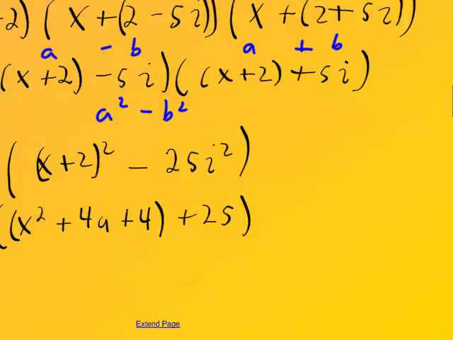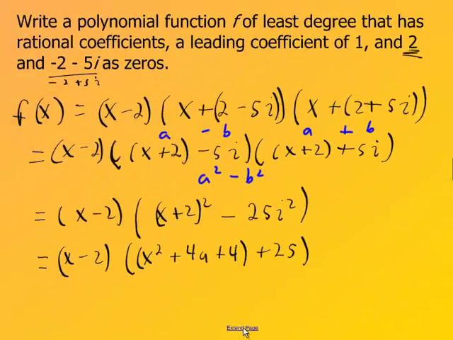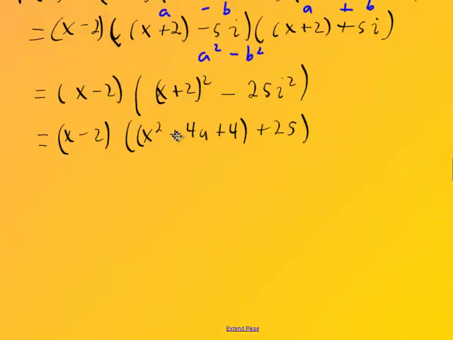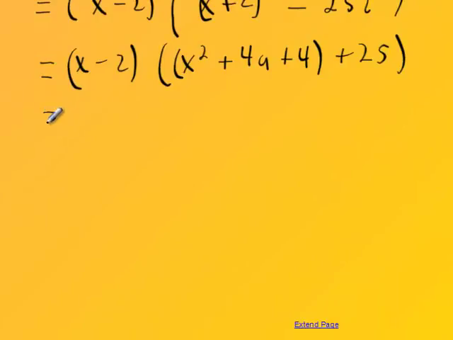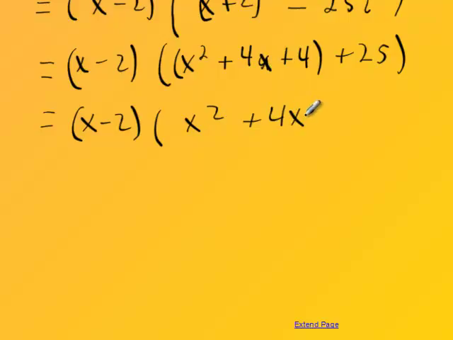Now I can really drop these inner parentheses and just add the 25 with the 4. So that will give us x minus 2, and then we're left with x squared plus 4x plus 29.